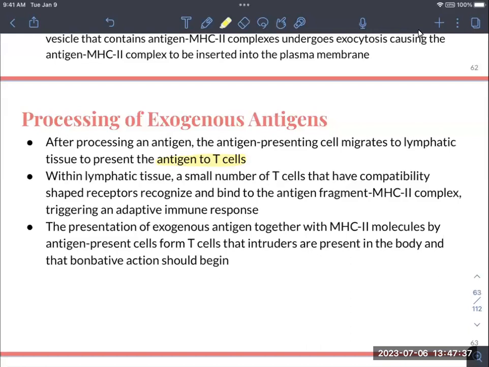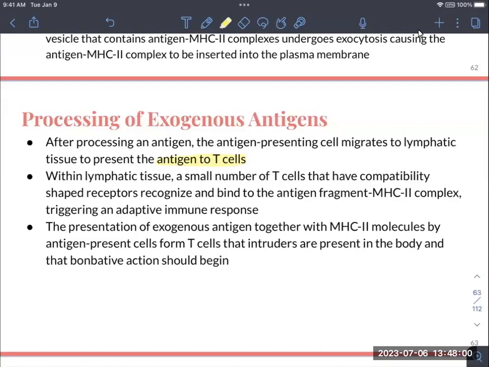So they have to get into that lymphatic tissue where they can find T cells that may have a receptor that fits that specific antigen. They're going to present that antigen till they find that T cell that fits it.